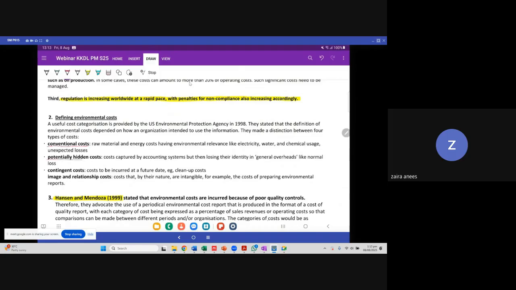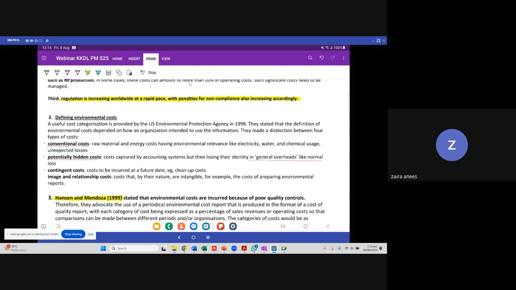Potentially hidden costs are the costs which are incurred in your company, but you are unable to identify them and you are not distributing them among all products.